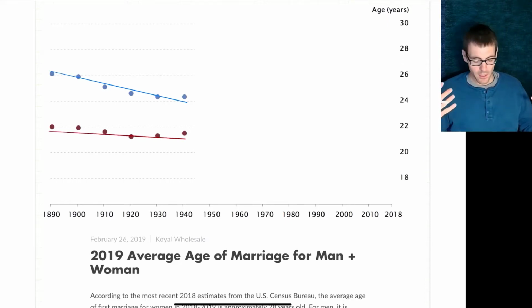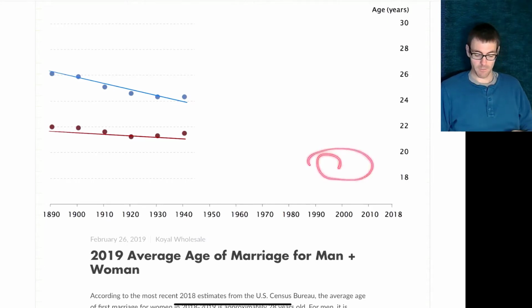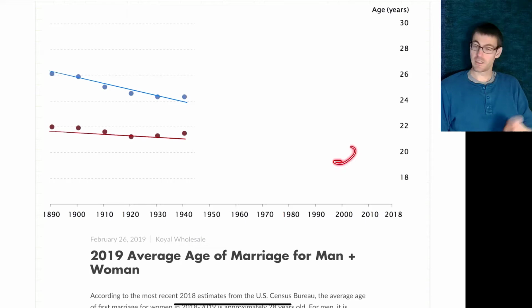And we might look at this and be tempted to say, oh, well, in the next decade, they'll be even lower. And maybe by the year 2000, people will be getting married, on average getting married in their teenage years or something along those lines.